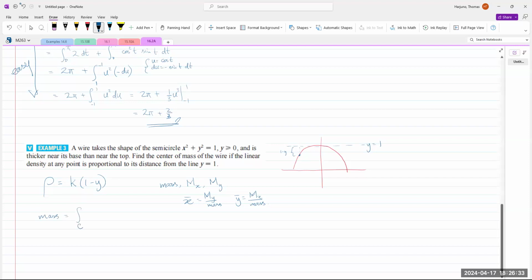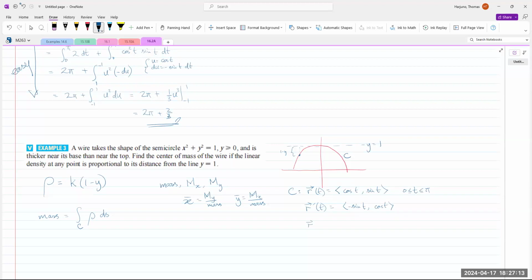the integral over that curve C of rho ds. Got the density, ds, right? And how about the path here? This C here is managed by r(t), where the radius is 1, so we can just use cosine t, sine t. So r prime t is negative sine t, cosine t, where t is from 0 to pi.